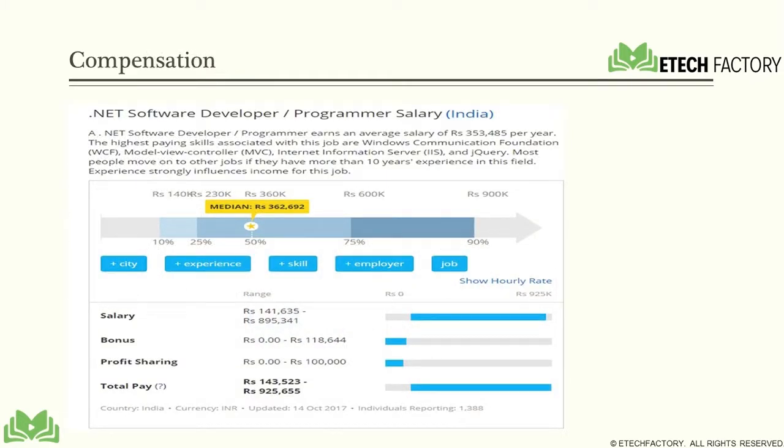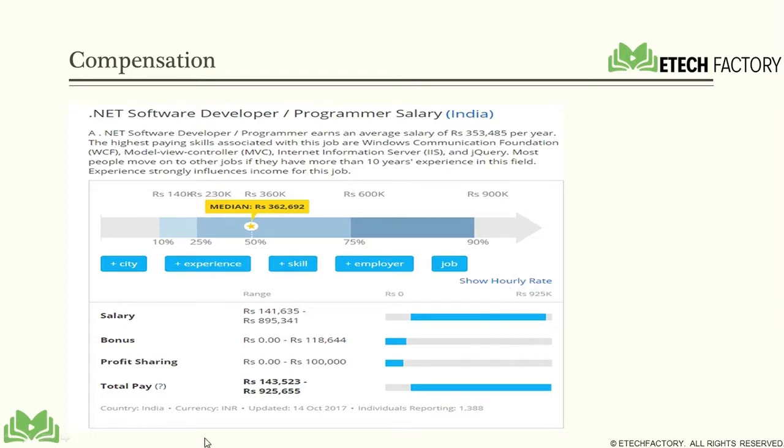So what is the compensation in the industry? Actually, this diagram shows what salary the .NET software developer or programmer is getting in India. A .NET software developer, the programmer, earns an average salary of 353,485 rupees per year.